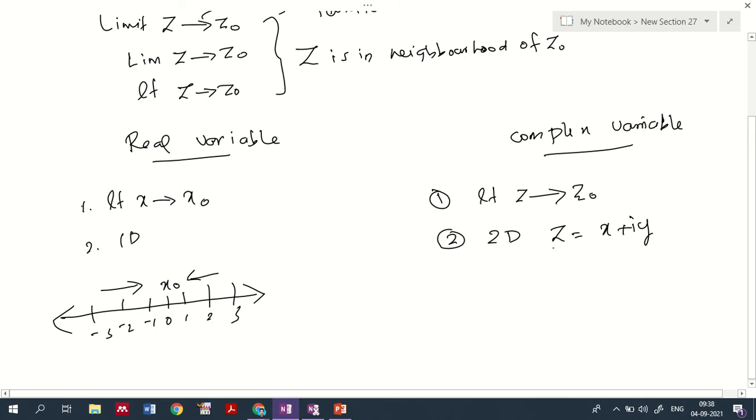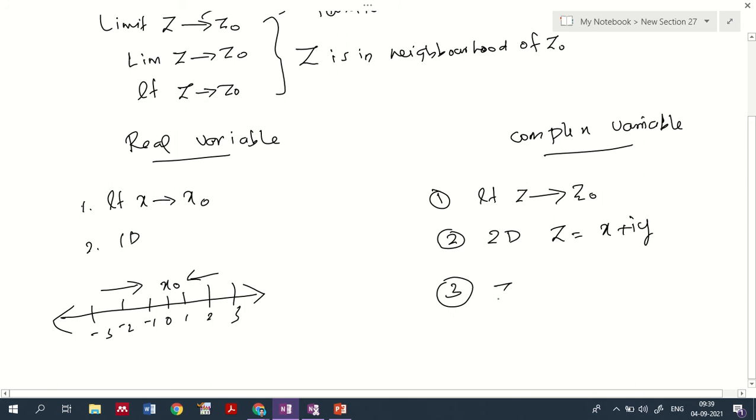Any complex variable is a two-dimensional representation where z approaches z0 along a path, either straight or curved. So it is not one-dimensional.